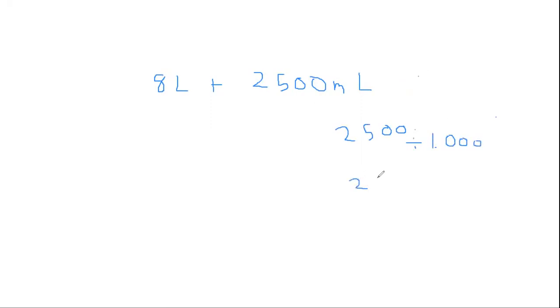So I take 2,500 and put a decimal point behind it. And I say 1, 2, 3. So I know that actually I have 2.5 liters. And having 2.5 liters, I go to my 8 liters here and I add it.